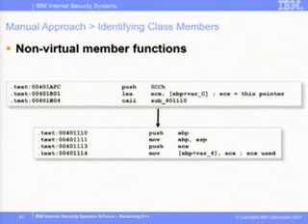So how do we identify non-virtual member functions? We can identify these by looking for function calls where right before it ECX is loaded with the this pointer, but it's not 100% sure.